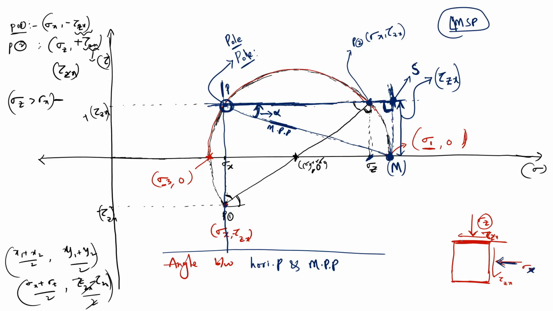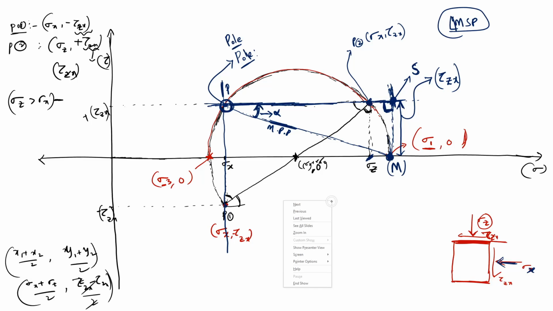In triangle MSP, tan alpha is the opposite side MS divided by SP, right? Tan alpha is MS by SP.